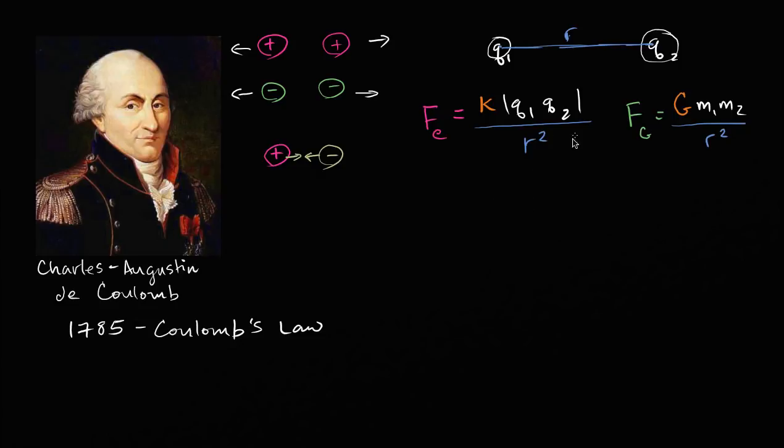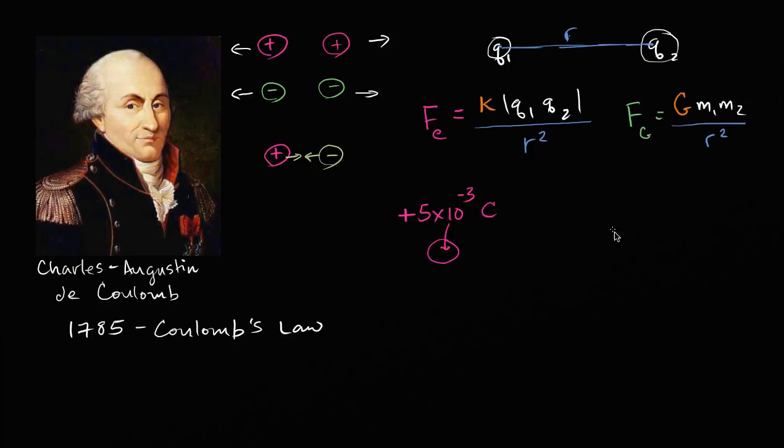But with that said, let's actually apply Coulomb's law just to make sure that we feel comfortable with the mathematics. So let's say that I have a charge here, and it has a positive charge of, let's say, positive 5 times 10 to the negative 3 coulombs. That's its charge.